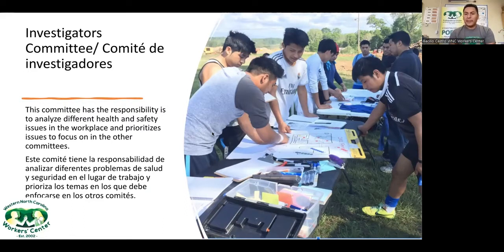There are many problems that come up. As you see in the image, they are investigating the problems and making a risk map of the workplace. It was very interesting because the workers went to a sports event, and they invited their friends and family members to the field to develop this.